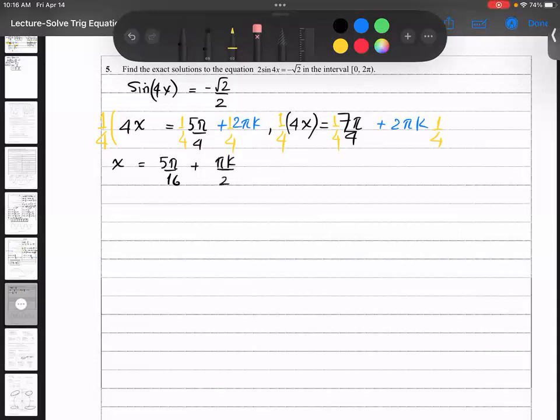Just leave it as 2 pi k over 4 because you're gonna do the common denominator anyway. Then x equals 7 pi over 16 plus 2 pi k over 4. So far, so good. Is that what you guys have? At least I see half of you.